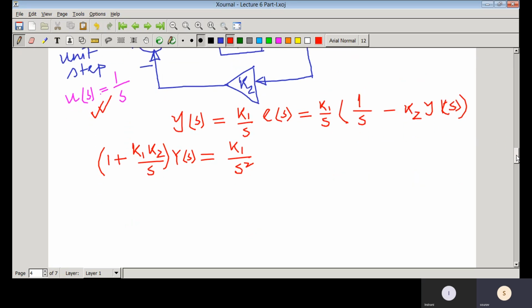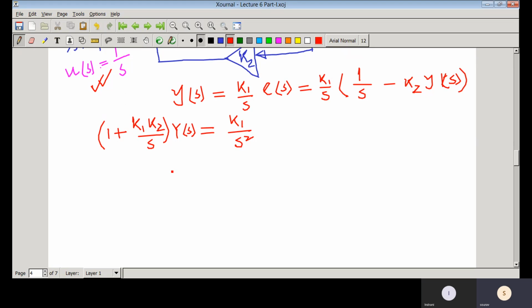So now what is Y(s)? Y(s) is K1 by s square divided by (s plus K1 K2) divided by s.